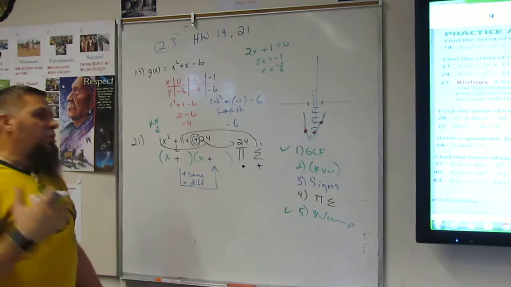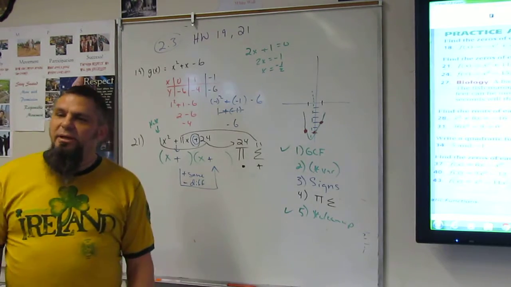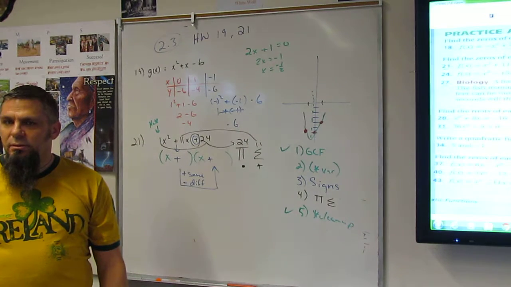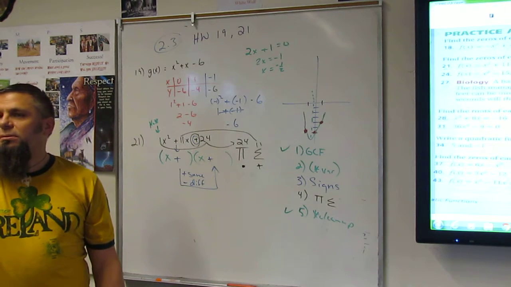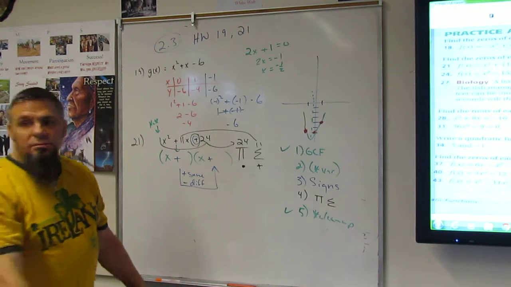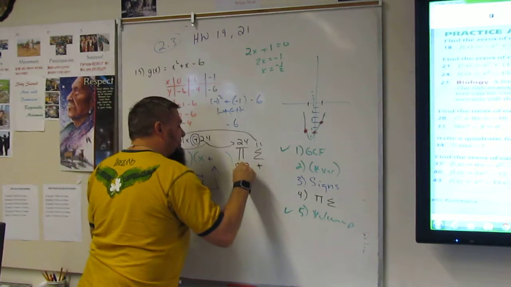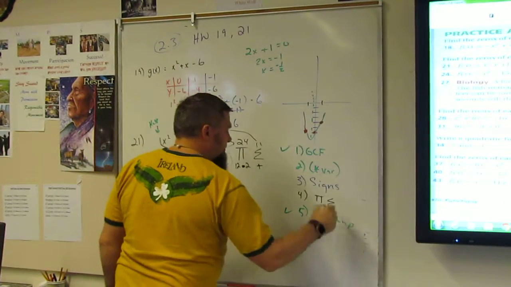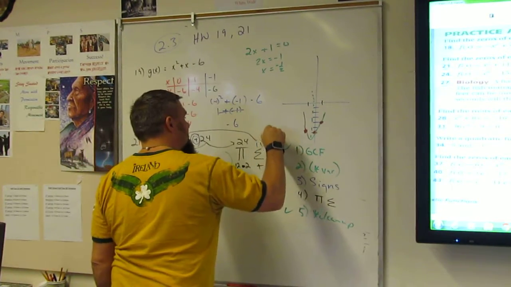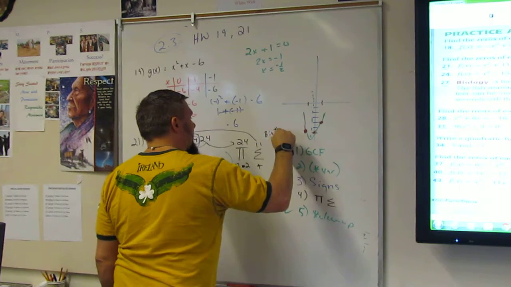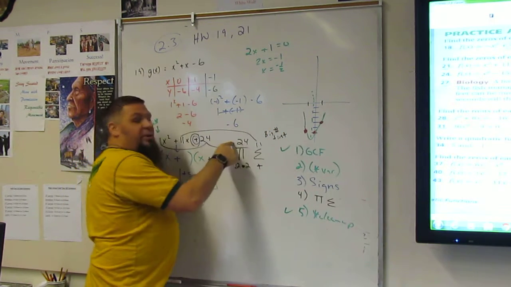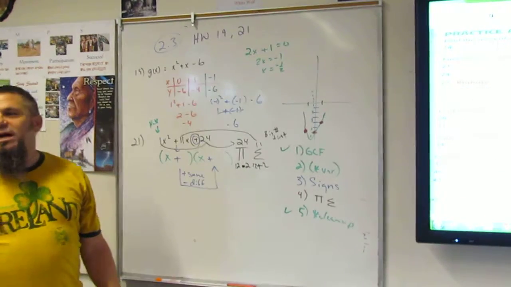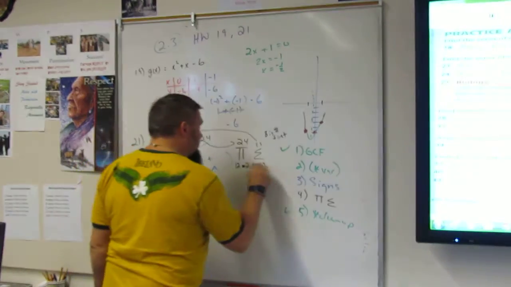So 2 numbers that multiply to be 24 and add to be 11. Give me 2 numbers that multiply to be 24. 12 and 2. And always big number first. That's really important. What's 12 times 2? 24. What's 12 plus 2? 14. It's not 11, so that one doesn't work.